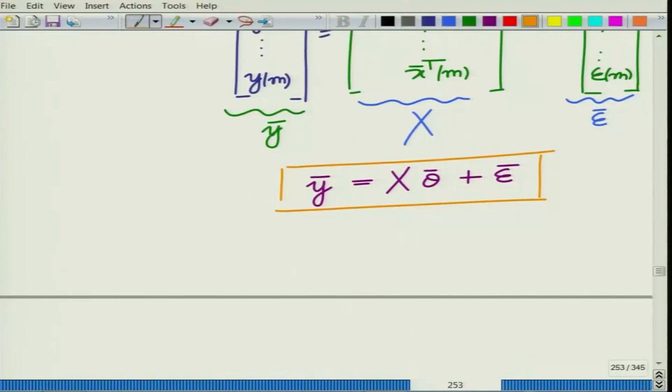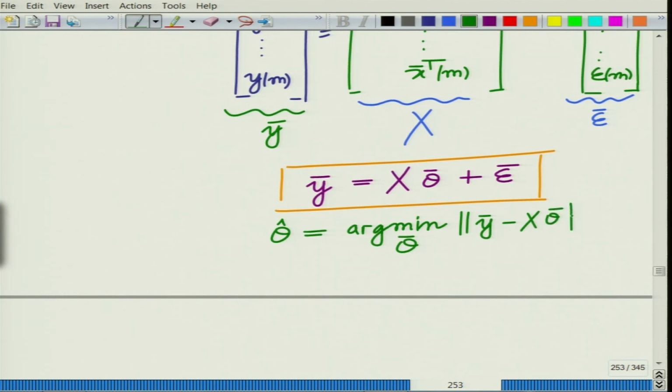And now, the idea is to determine the theta bar which gives the best fit for y bar, that is, determine theta hat as the best vector theta bar, the best set of regression coefficients that minimize the error between the training responses and the training explanatory vectors, right.